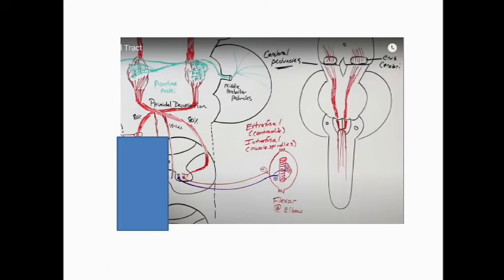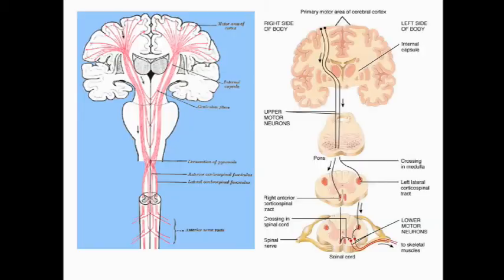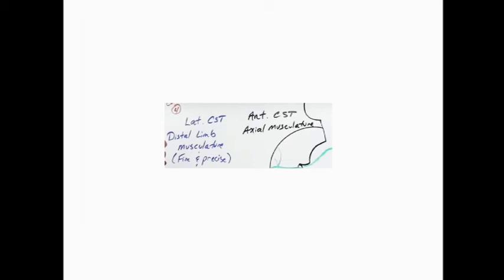Okay, so you can see this is the termination and pathway of the corticospinal tract, or you can say the anterior and lateral corticospinal tract. The anterior tract innervates the axial musculature, meaning they are mostly important for the central line musculature, like the muscles of the head, neck and spinal cord, which lie more axially in the body.